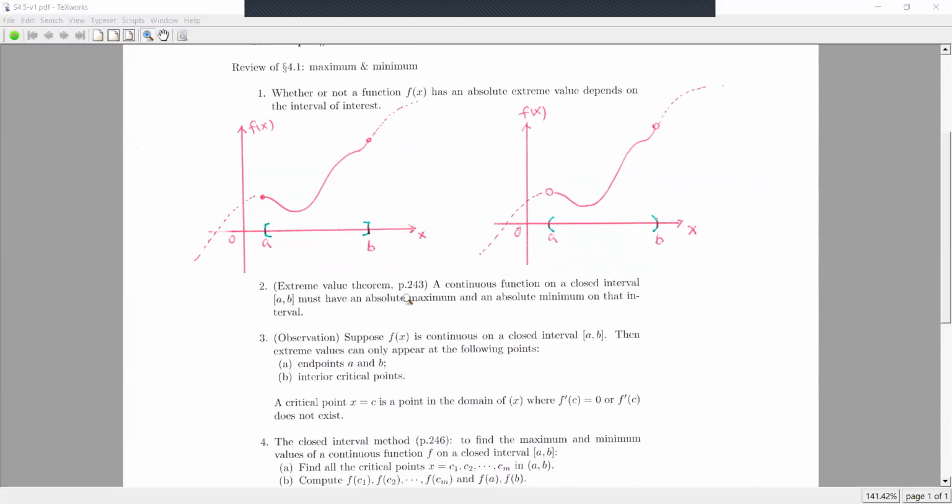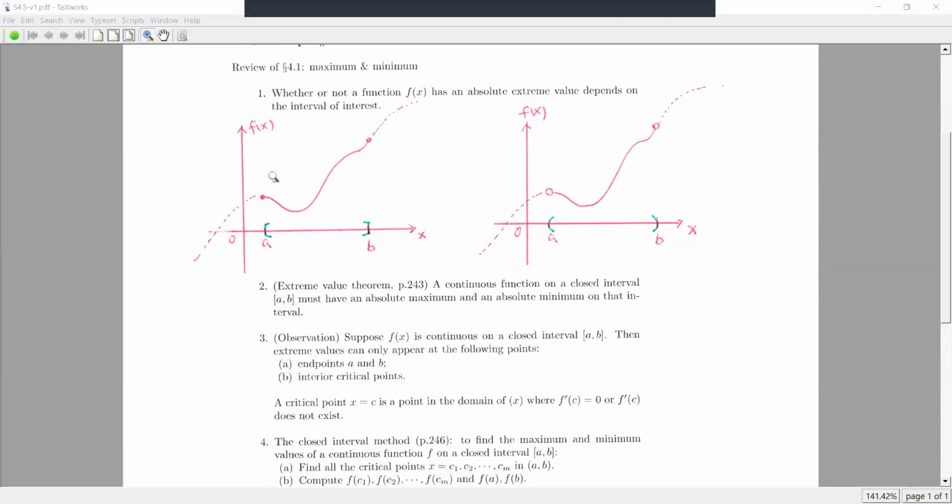The extreme value theorem says that if a function is continuous, meaning the graph of the function is continuous, on a closed interval, not an open interval, then the function must have an absolute maximum value and an absolute minimum value on that interval.